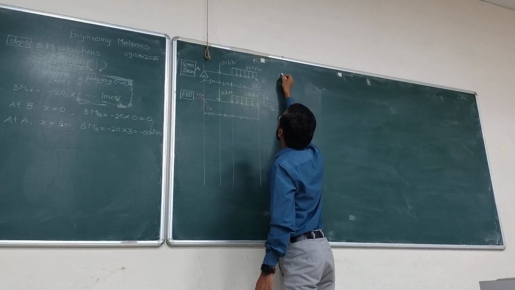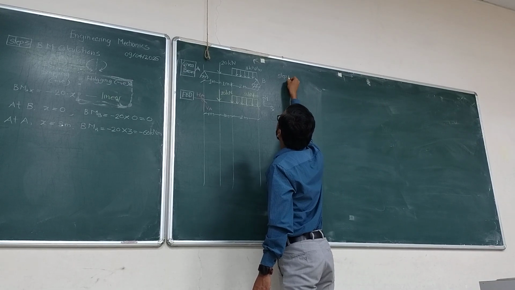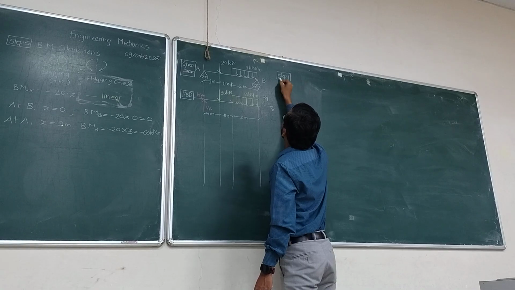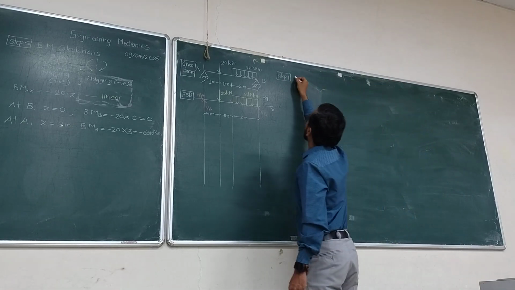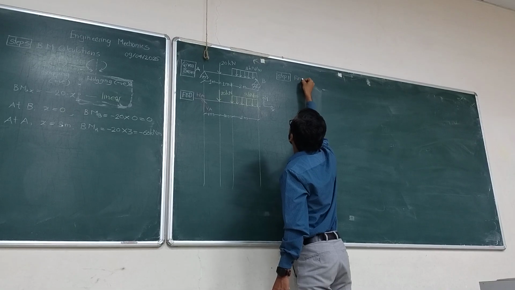So step 1, find support reactions. The beam is in equilibrium, so summation effect should be 0.